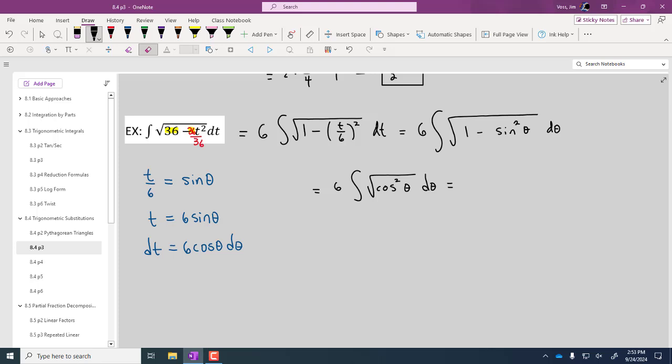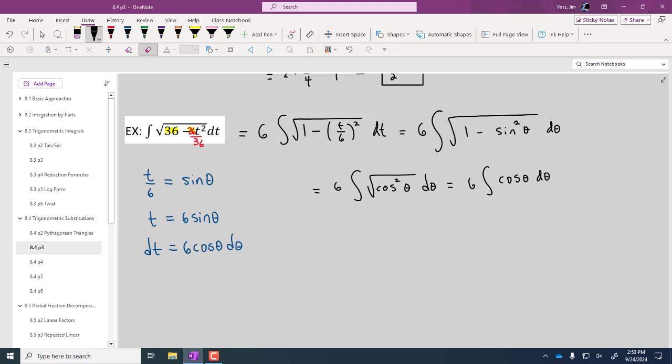Square root of cosine squared. We are going to assume in this book, they're not that uptight about these things. Technically, this is only true if cosine is positive. Cosine's only positive in quadrant 1 and quadrant 4. If there's an issue with domain, they're going to tell us, right? We'll just assume that we're in quadrant 1 and that this is the case.